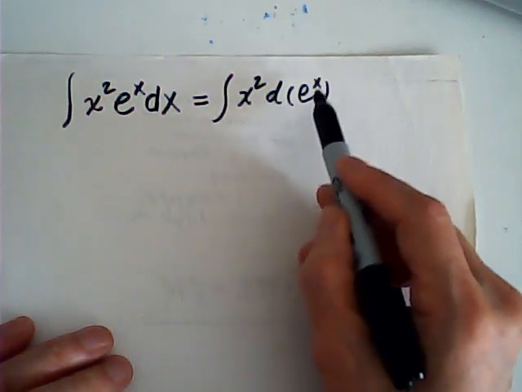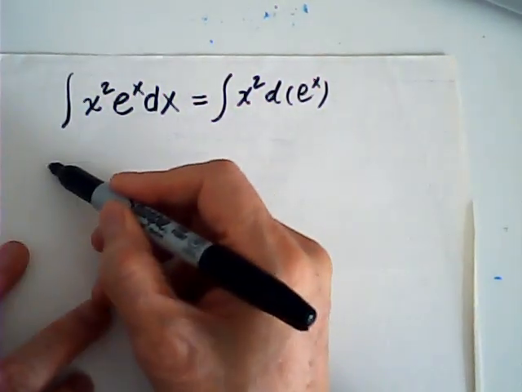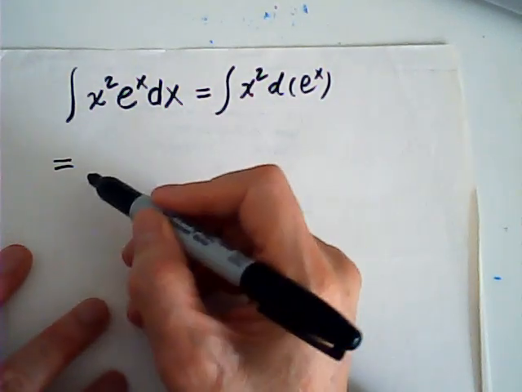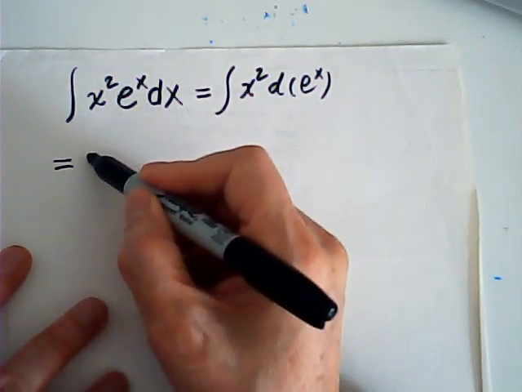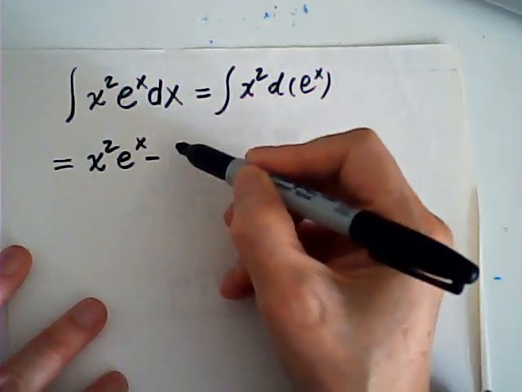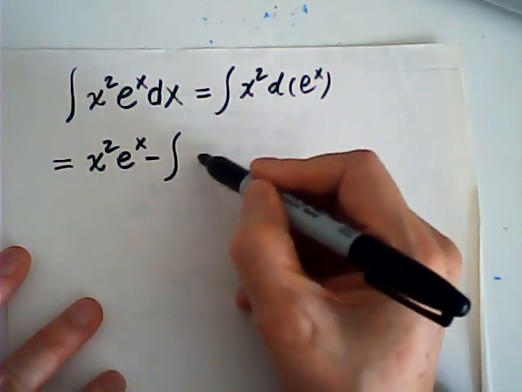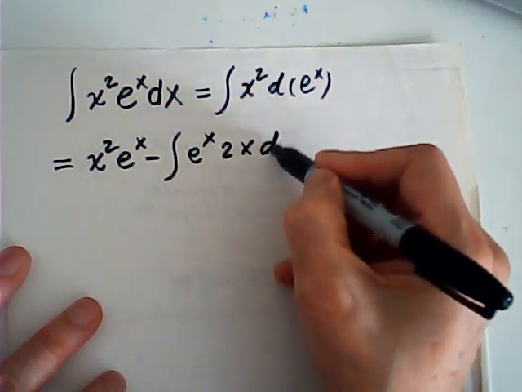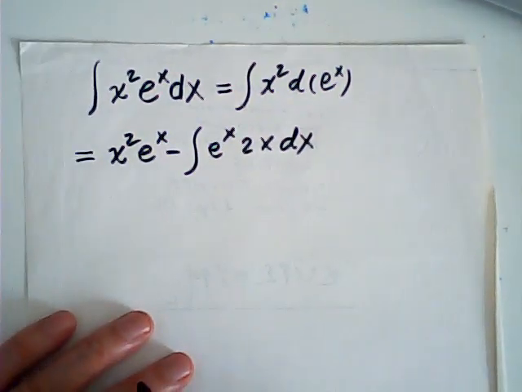u is x squared, v is e to the x. So by the method of parts, this becomes uv. u is this, v is this, minus the integral of v du. v is this. du is 2x dx. You see?